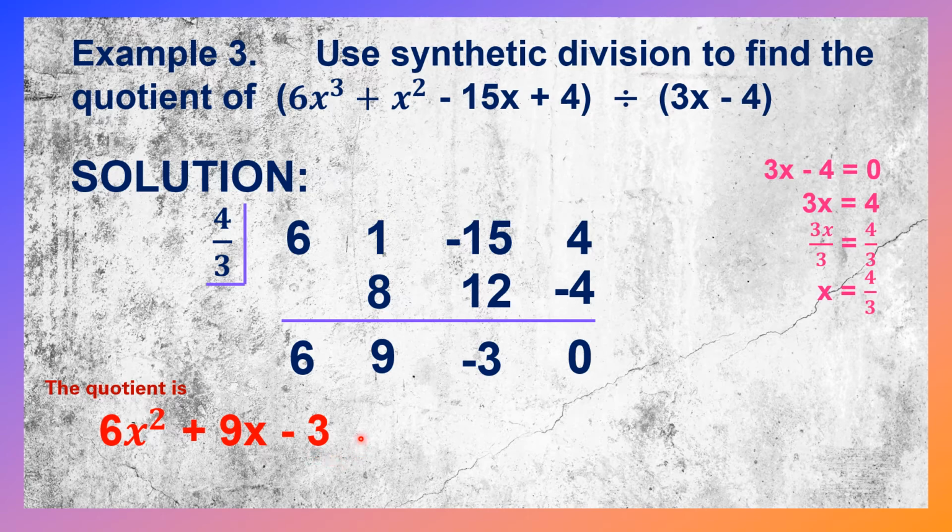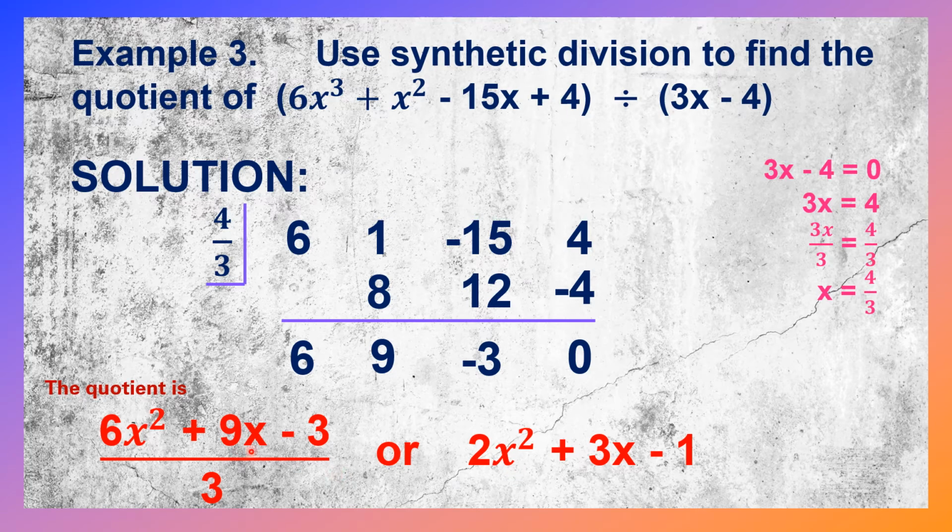And since our divisor is a fraction, we need to divide this by the denominator of our divisor, which is 3. So 6x squared plus 9x minus 3 divided by 3. And dividing now, 6 divided by 3 is equal to 2x squared.